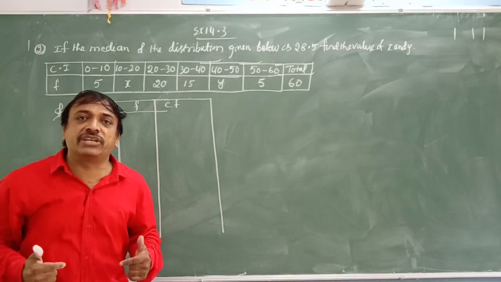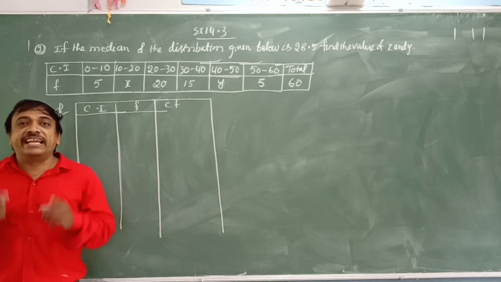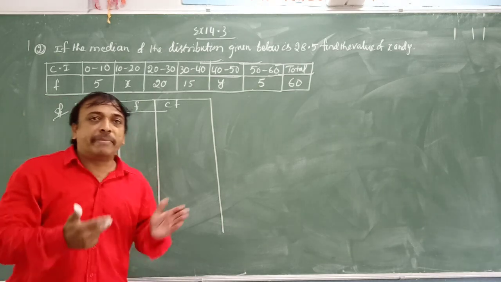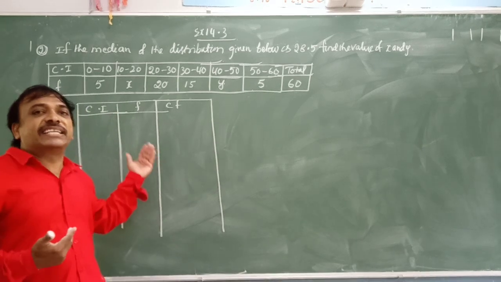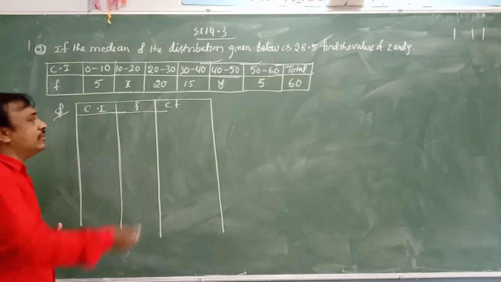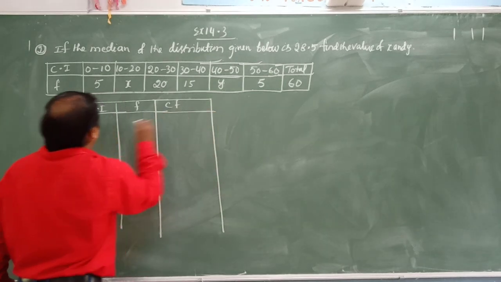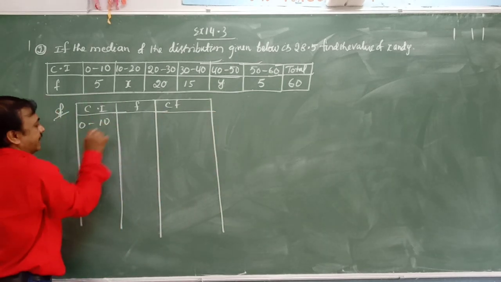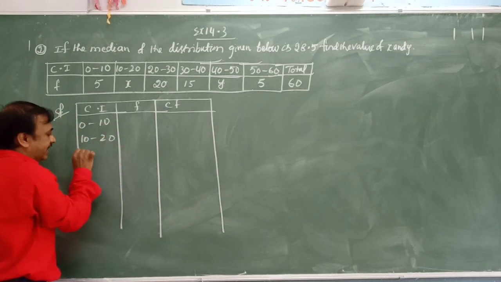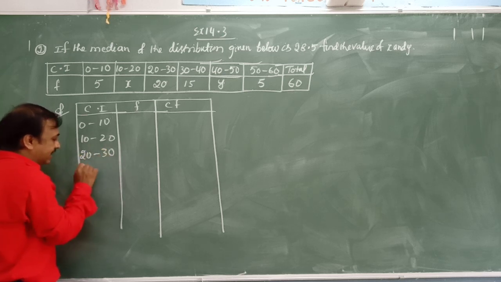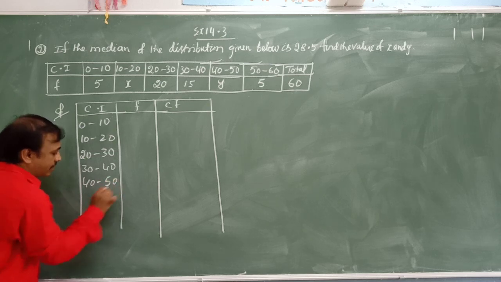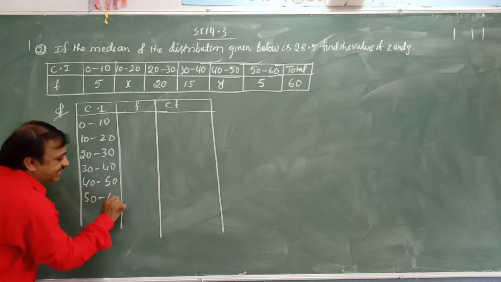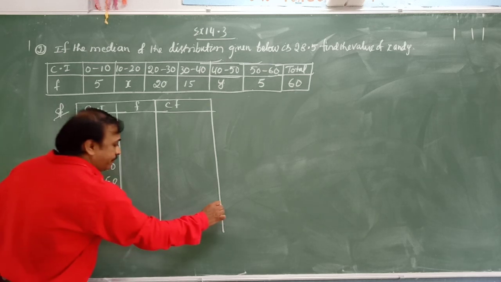How to obtain it? By adding the successive frequencies, writing the first one the same. So the class intervals are 0 to 10, 10 to 20, 20 to 30, 30 to 40, 40 to 50, 50 to 60. That is the last class interval.